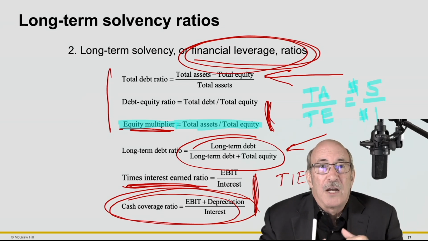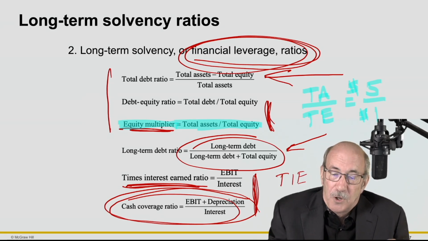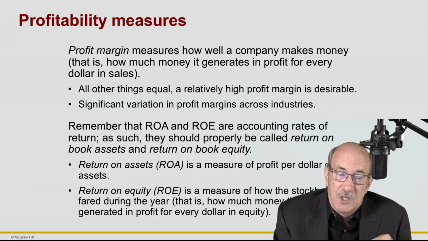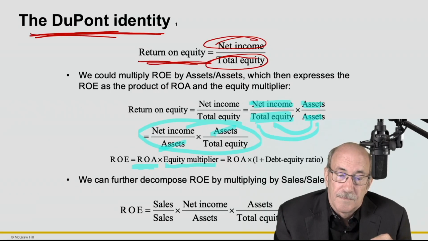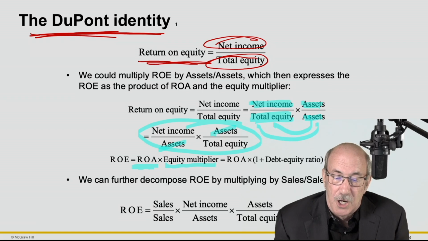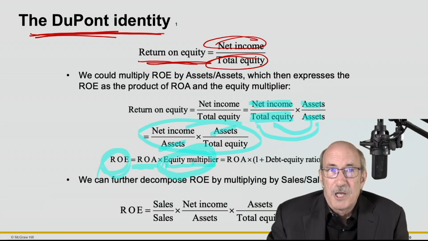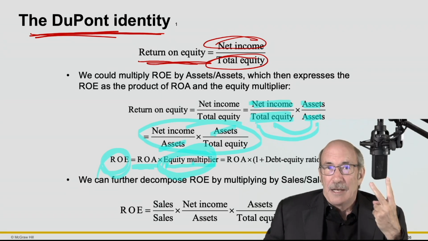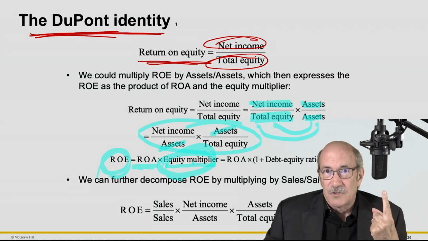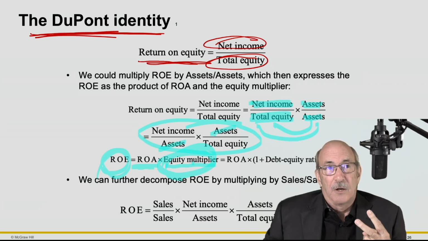The higher that ratio, when we go back here to our decomposition, the higher is going to be the ROE. So if we want to crank up ROE, we can do it one of 2 ways. We can increase our return on assets, or we can increase our equity multiplier by taking on more debt.